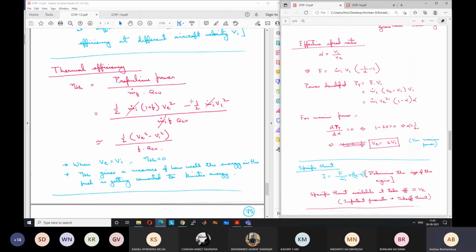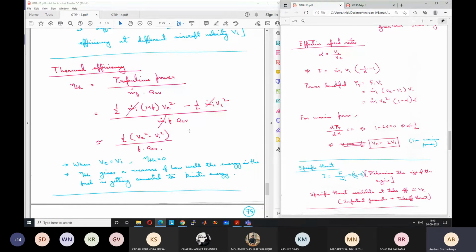This extra energy is being produced by converting the chemical energy of the fuel. So the energy that is used up is the mass flow rate of fuel into the calorific value of the fuel, that is, the energy of the fuel per unit mass of fuel. So we can write this as m dot a into f into QCV.